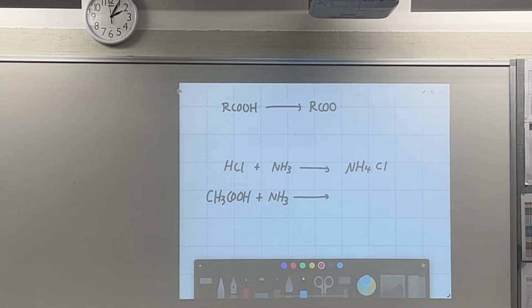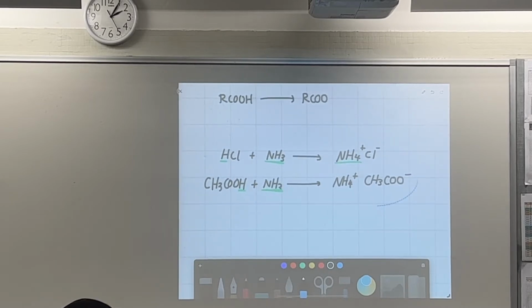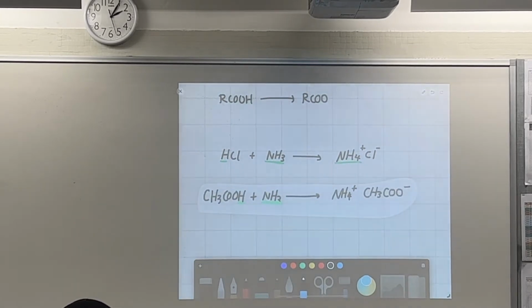Now let's take things up a notch. You have NH3 and H combined to form NH4 again. But what will be the other part this time? So this will be NH4 plus CH3COO minus. What do you call this? If the top salt you call ammonium chloride, you will call this?